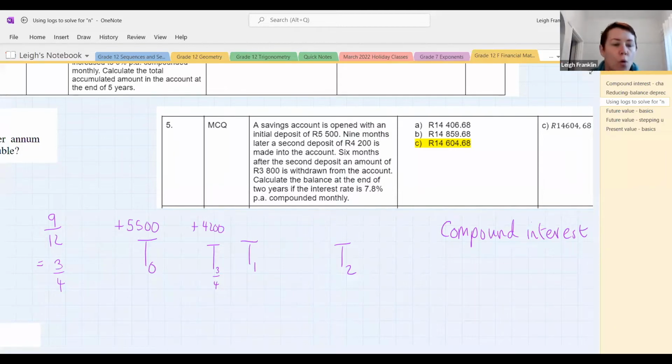Okay, so what this means is that 9 months into the first year, they deposited the 4,200 Rand. Then 6 months after that, how many months into the new year was the money withdrawn? Can anybody tell me? So 6 months into the next year, the money was withdrawn.